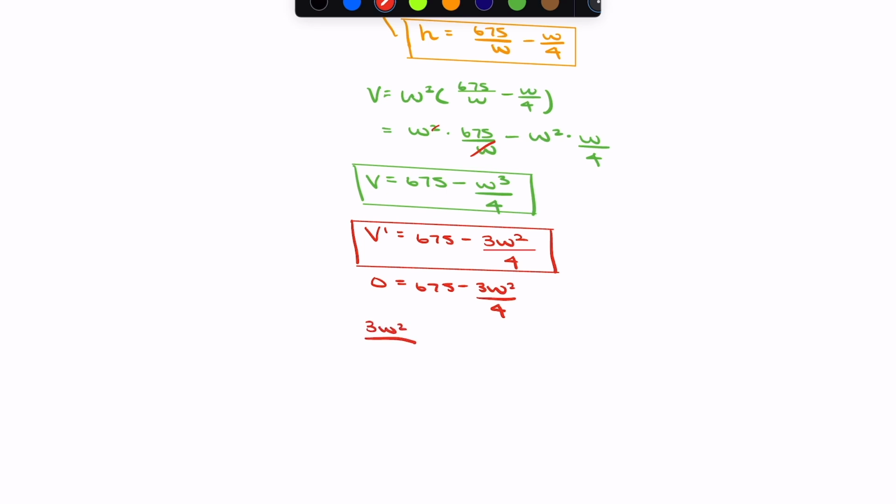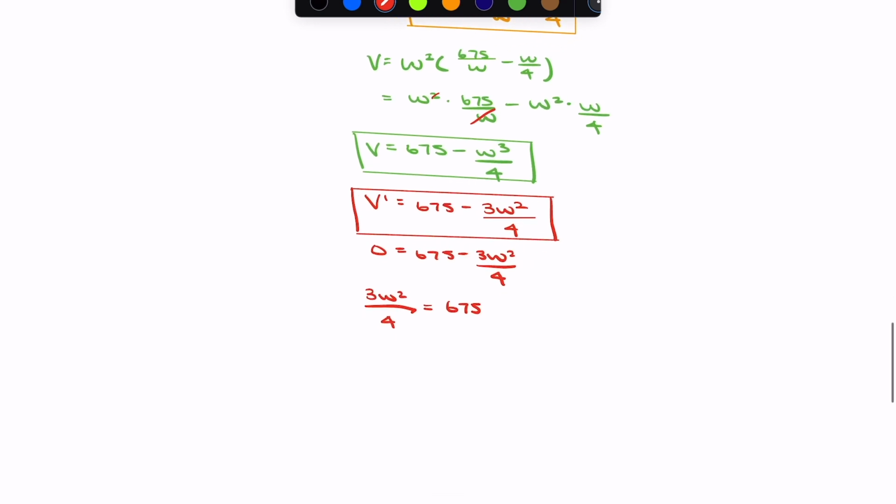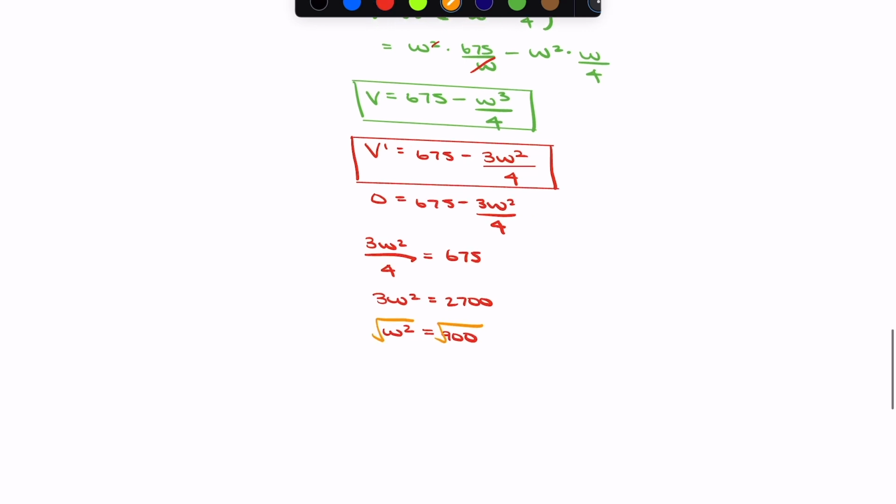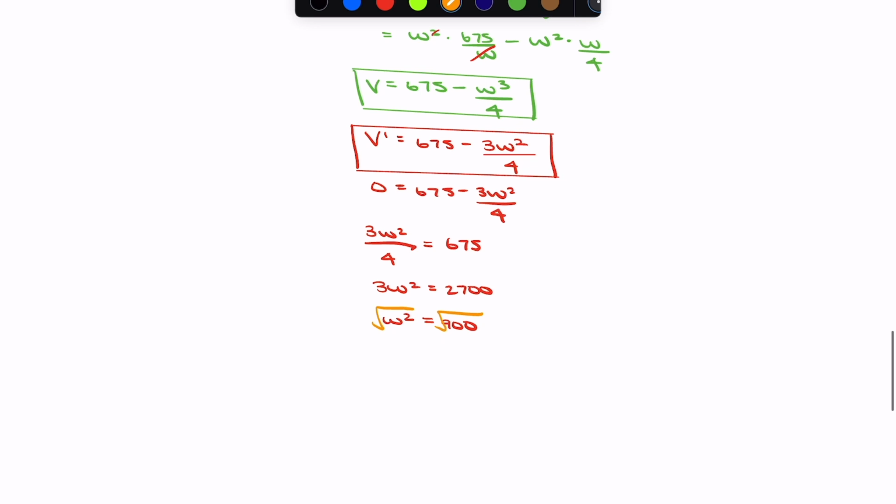So 3W squared over 4 is equal to 675. Multiply the 4 over. 3W squared is equal to 2,700. And therefore, W squared, so divide that by 3. W squared is equal to 900. Square root both sides. And so we get W is equal to 30 centimeters.